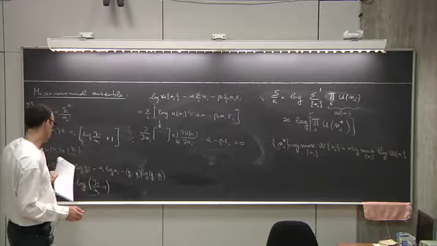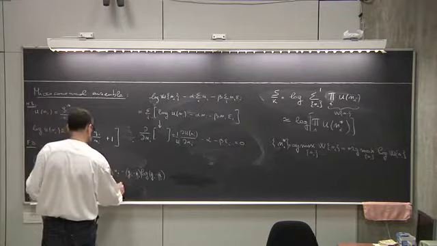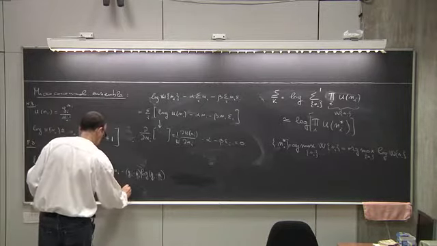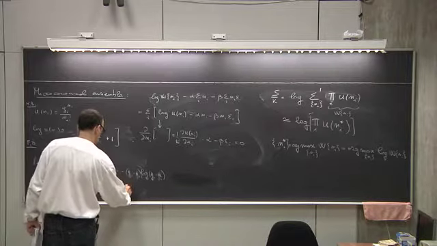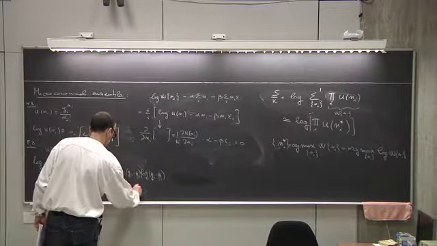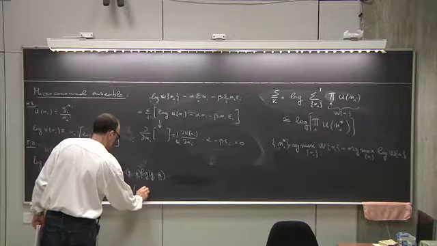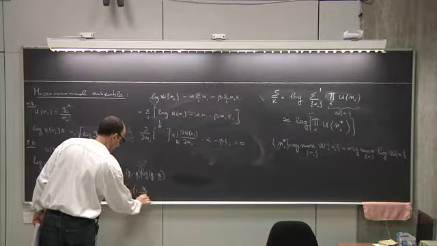And then there is minus Gi times the log of 1 minus Ni over Gi.